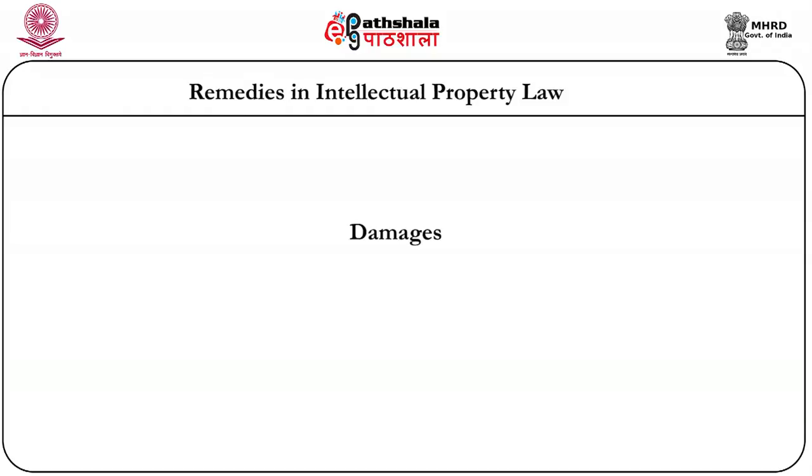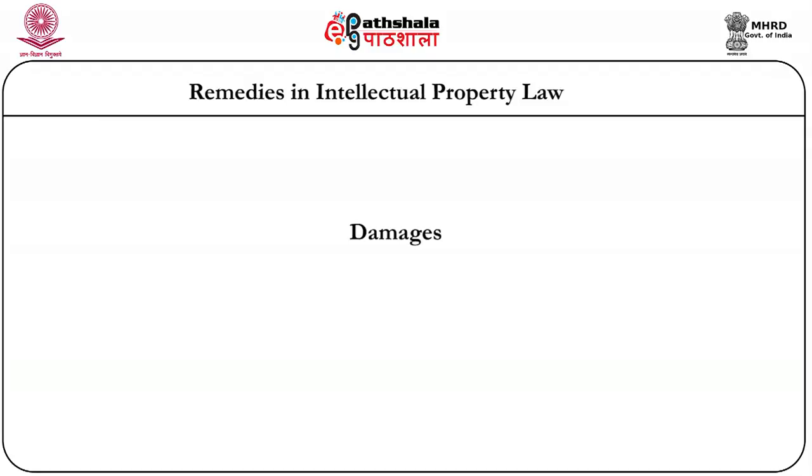Now, how does one compute damages? Again, a pretty complex question, and in this lecture we are not going to look so much into the nuances, but broadly there are three kinds of damages that we must bear in mind.